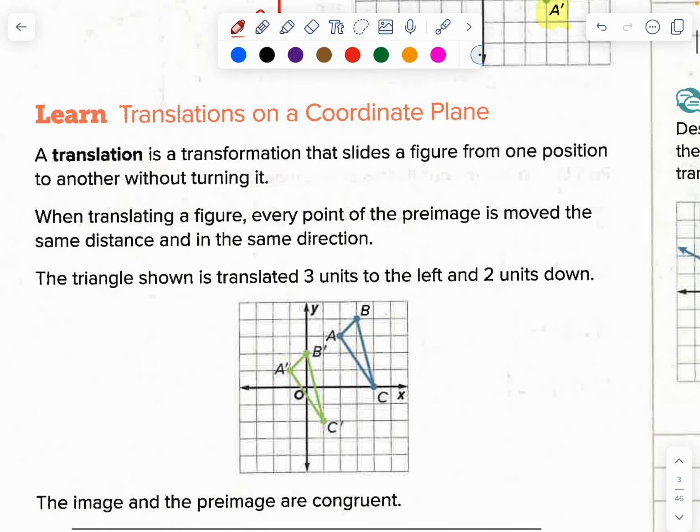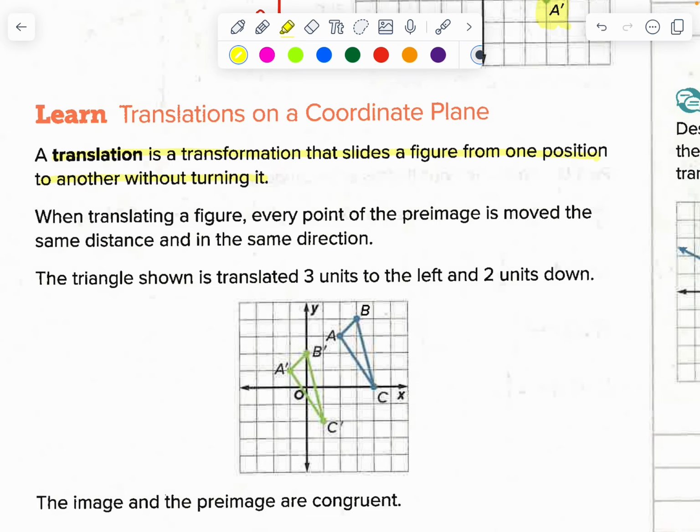So if I'm looking at this, a translation is a transformation that slides a figure from one position to another without turning it. It just moves up, down, left, right. It doesn't turn at all. Okay?